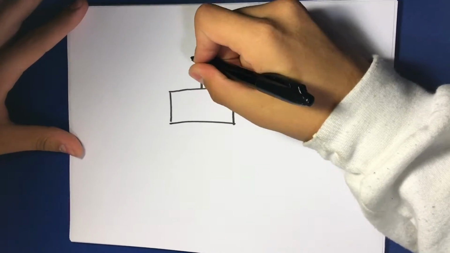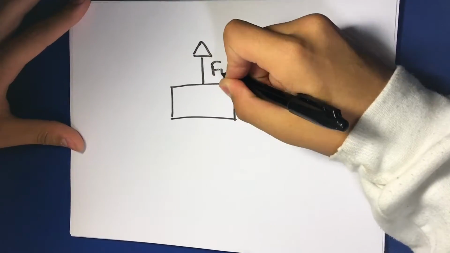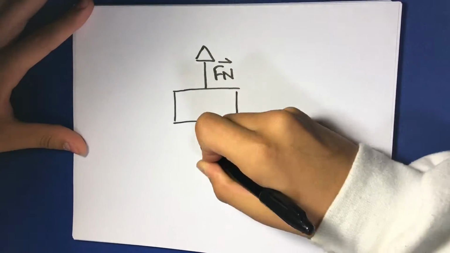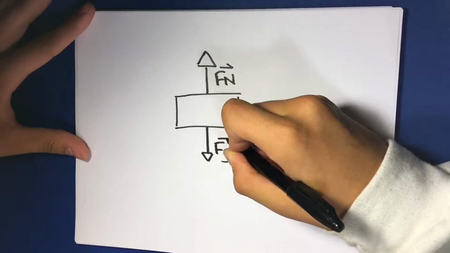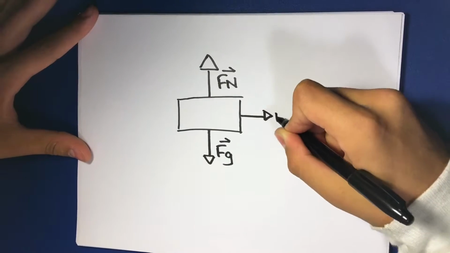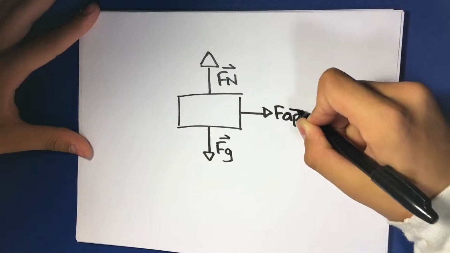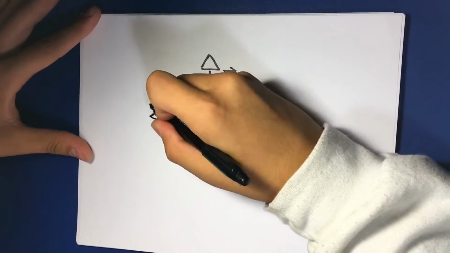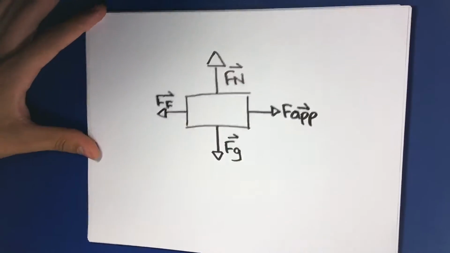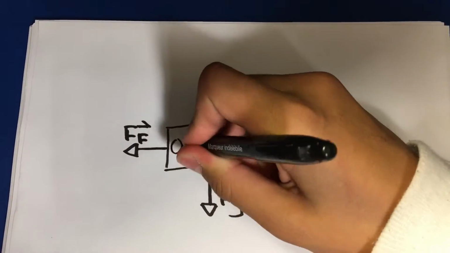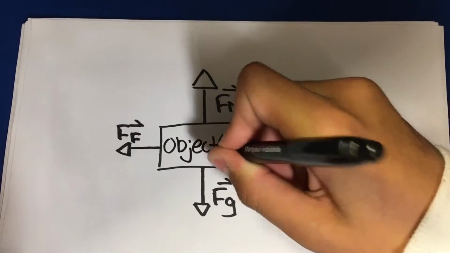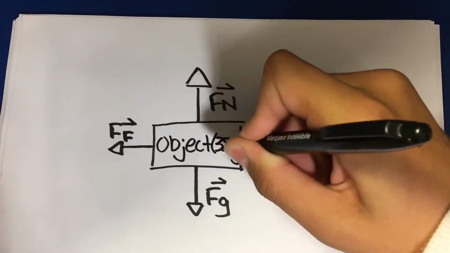Next, we draw all the forces acting on the object. Finally, we label the objects and write the mass.